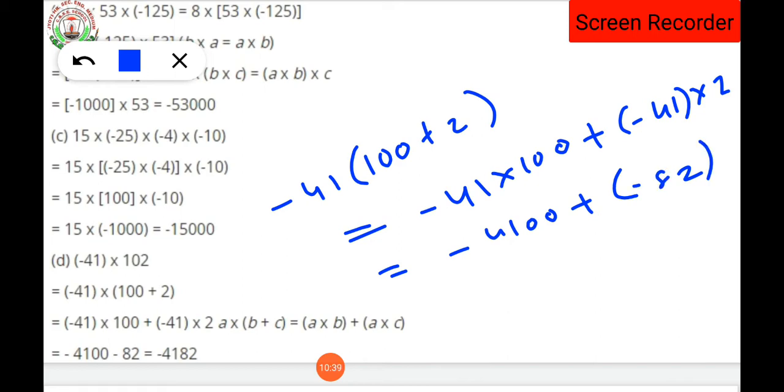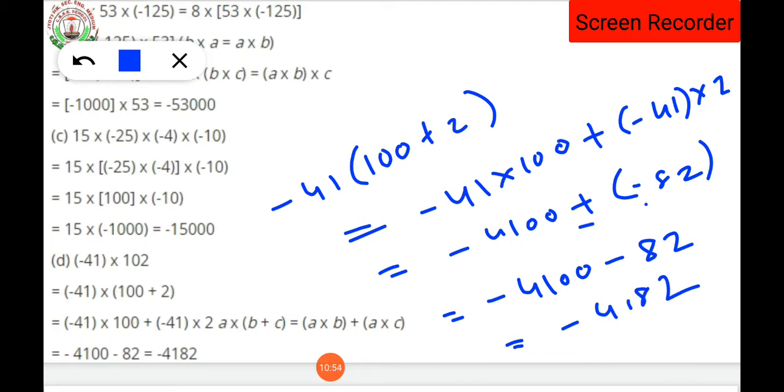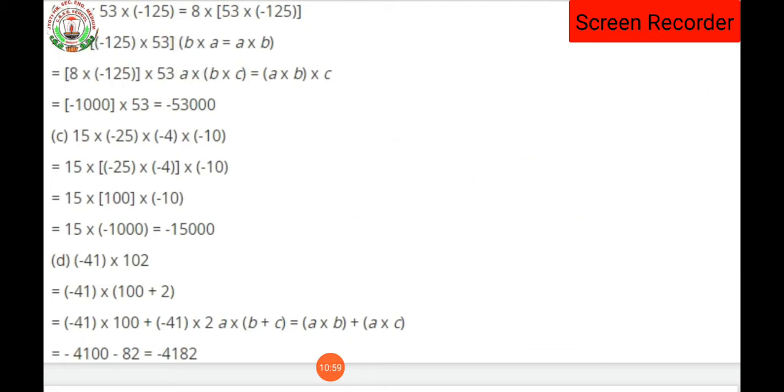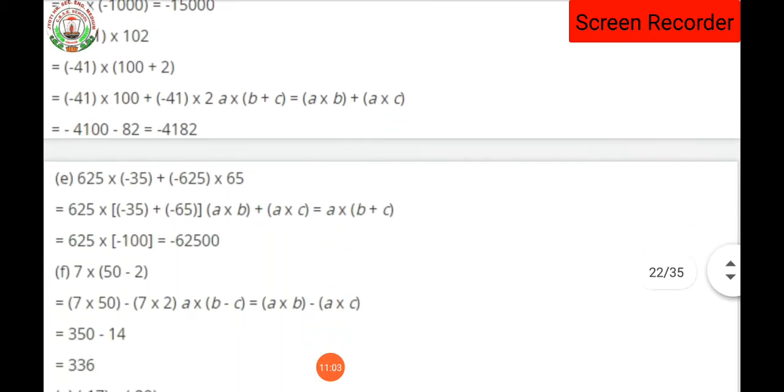Now plus and minus will be minus, so minus 4100 minus 82. Minus and minus will become plus, so the answer will be minus 4182. Clear, everyone? Minus 4182 is the required answer.